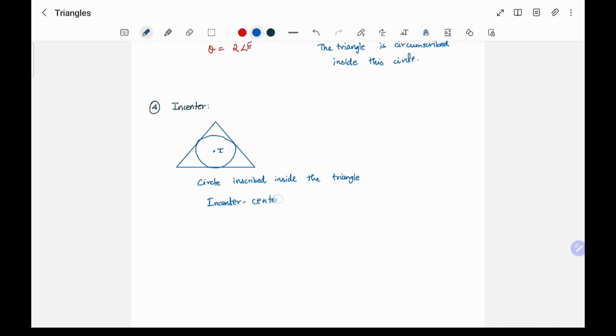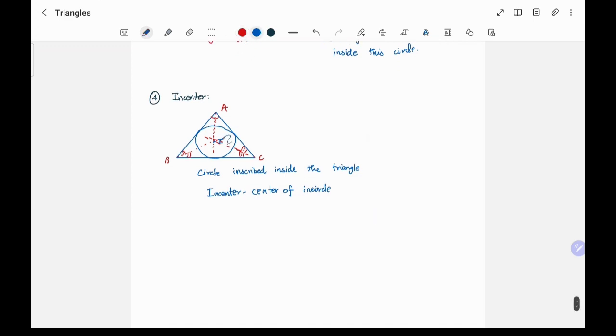It's the center of the incircle. This circle is called the incircle. So this is formed by the angle bisectors of all the three angles. So A, B, C. If you have the angle bisectors of all the three angles, then they meet at a point called the incenter.